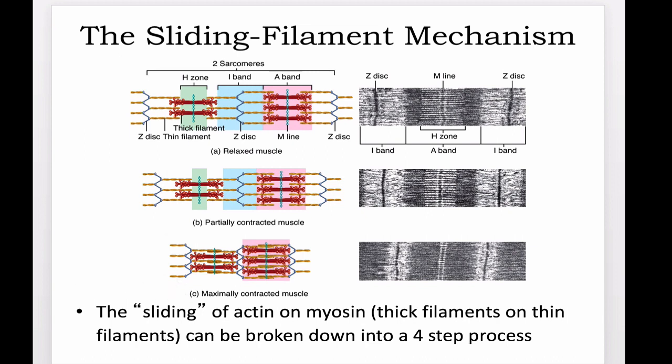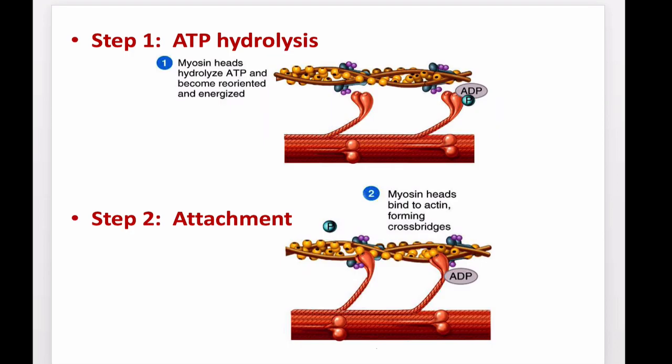We're going to add one more layer of detail on top of this, and that is the molecular details of how actin and myosin actually interact. You know this is mechanical work, so this is going to take some ATP. So we'll start with step one, which is ATP hydrolysis. For the myosin heads to actually become energized and to spring into a conformation where they can grab onto actin, they have to hydrolyze ATP.